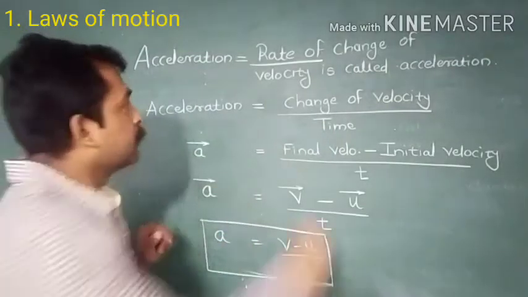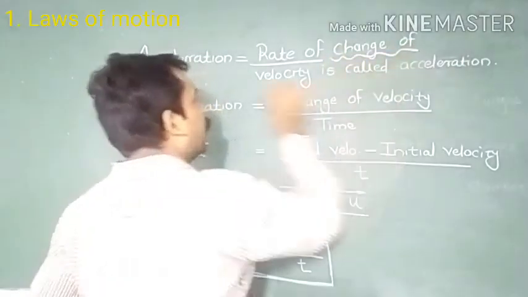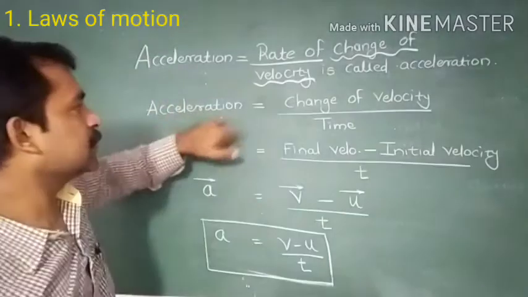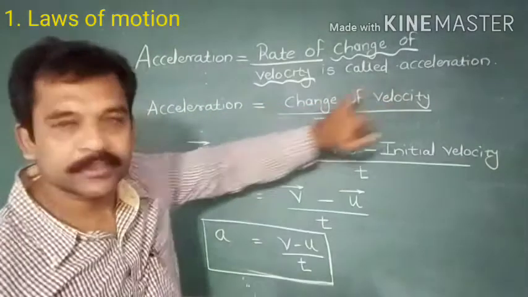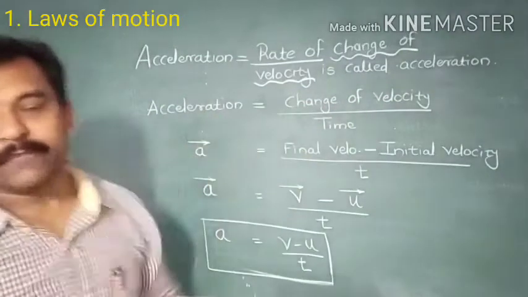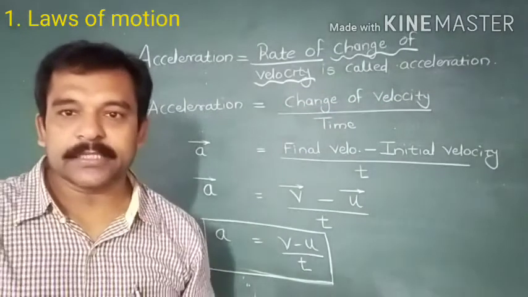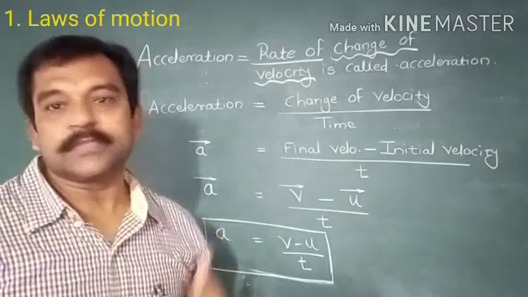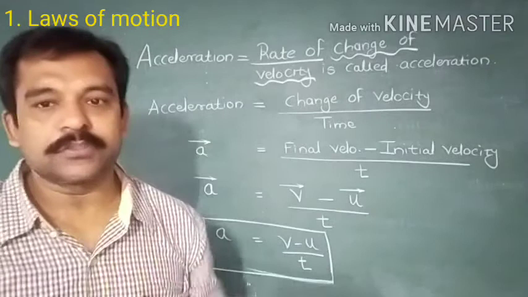Now whose rate of change of velocity? So see, the formula is becoming acceleration is equal to change of velocity upon time. If there is a change of velocity, then there must be two velocities, that is initial velocity and final velocity.